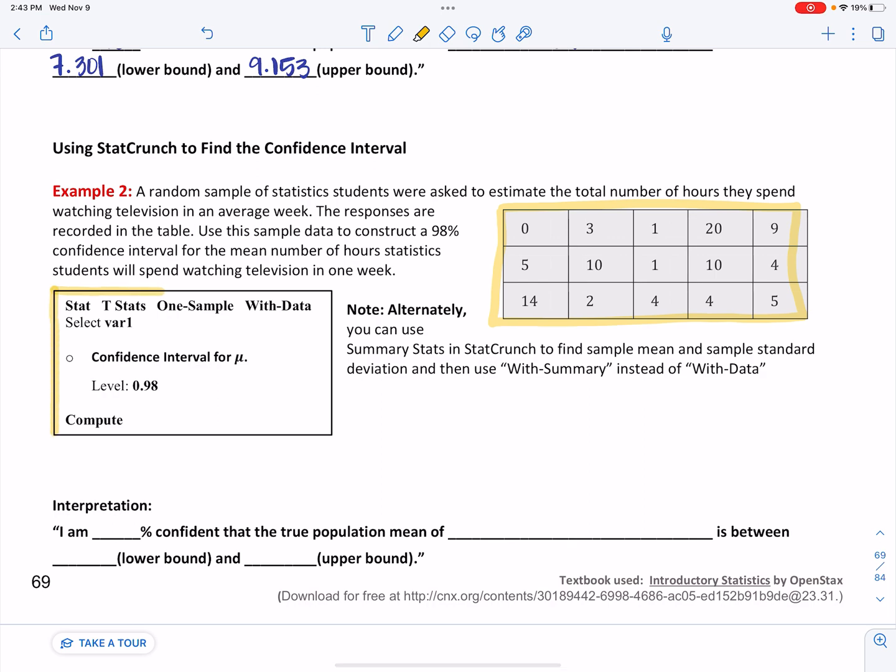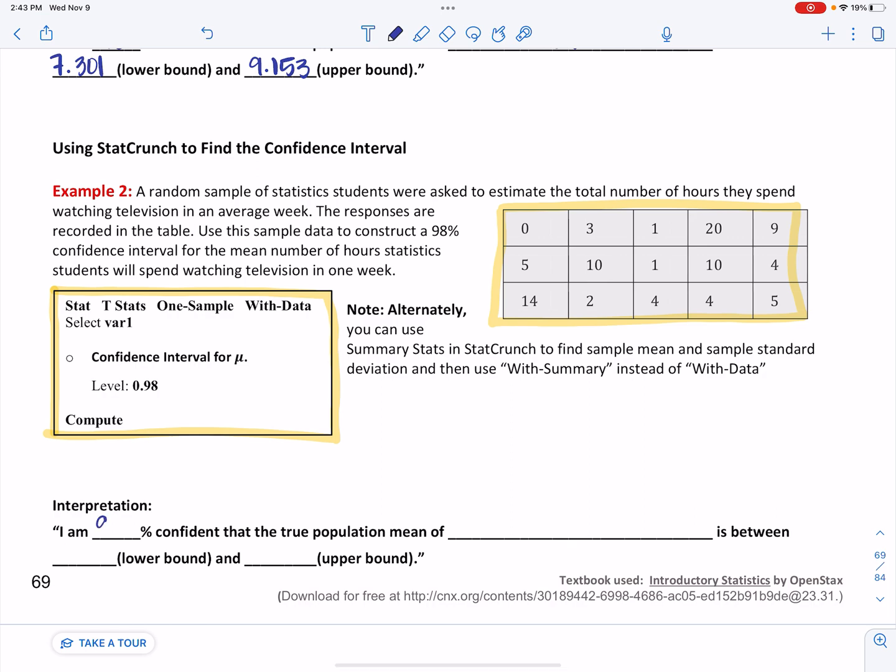Here are your StatCrunch steps, or you can come over here and use these. I worked it both ways. Both were pretty simple.